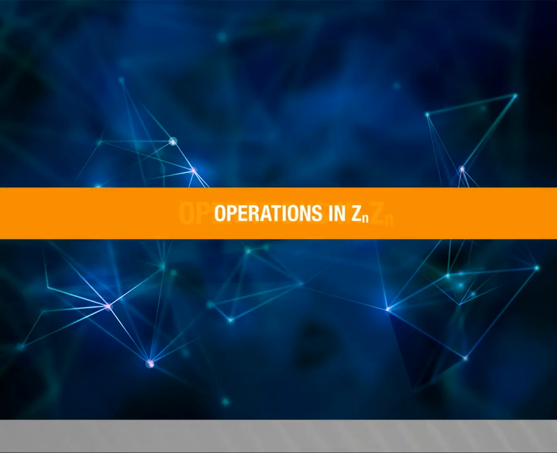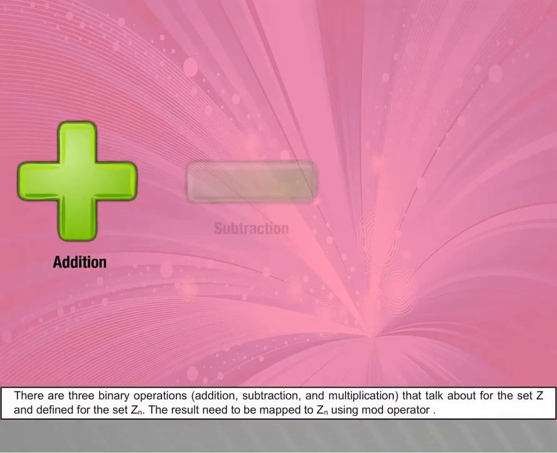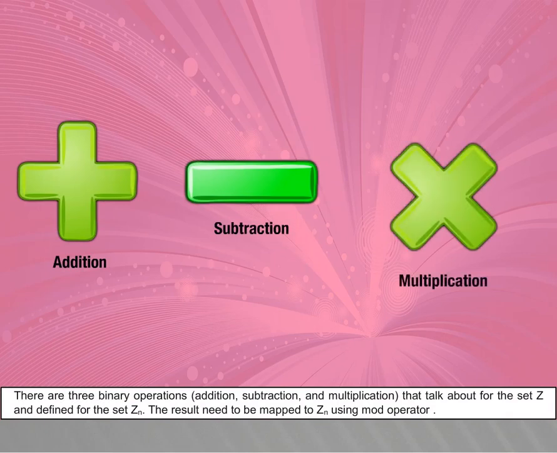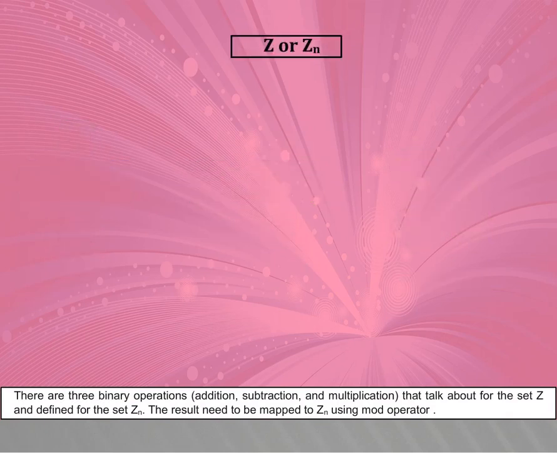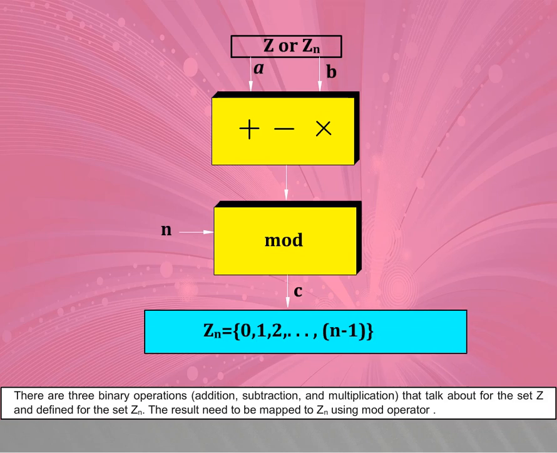Operations in Zn. In this video, we are going to see about operations in Zn. The 3 binary operations, addition, subtraction, and multiplication, that we talked about for the set Z are also defined for the set Zn. The result needs to be mapped to Zn using the mod operator.